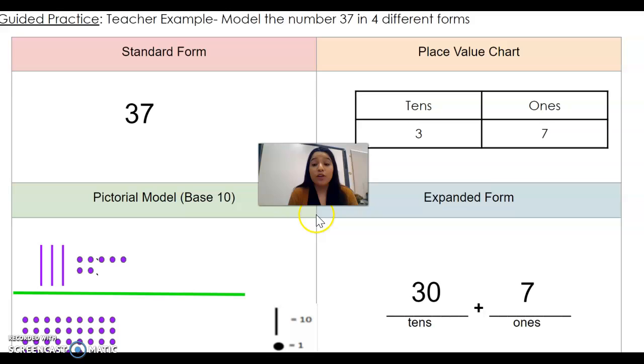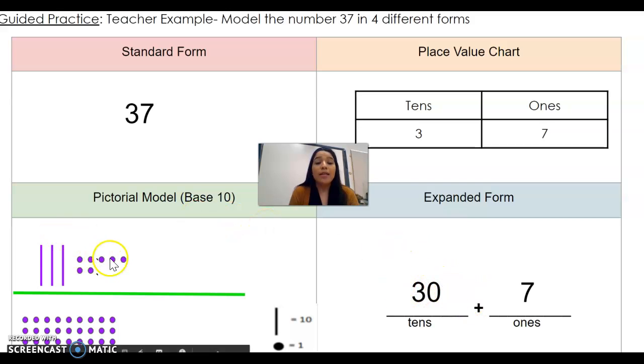For expanded form, remember we want the value of tens and ones. So the value of the tens that we have right here, we're going to count by tens. So it's 10, 20, 30. The value is 30 since we have 3 tens. So right here, we're going to put 30. We want our value of our tens blocks.